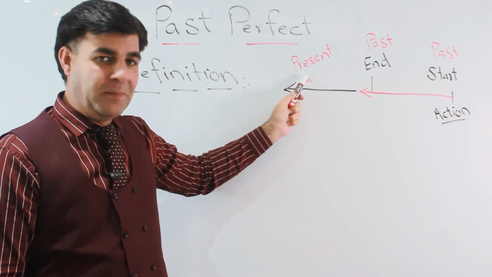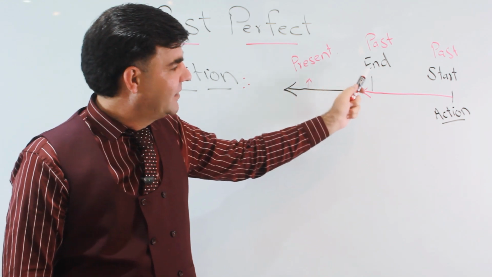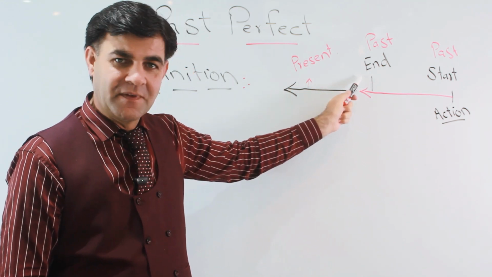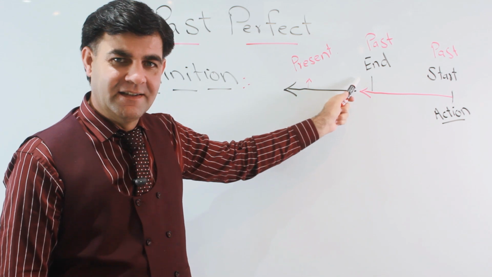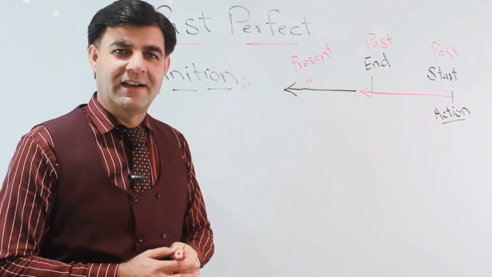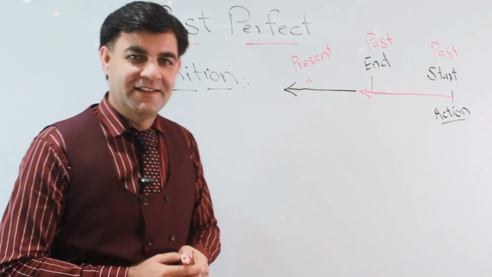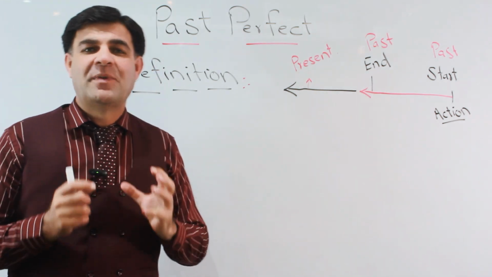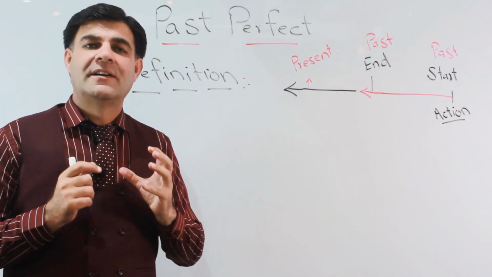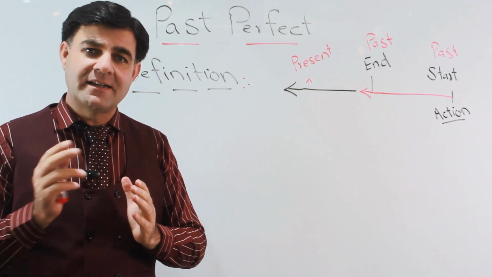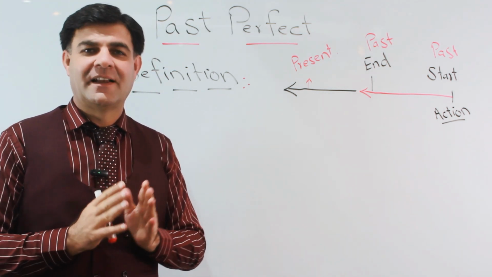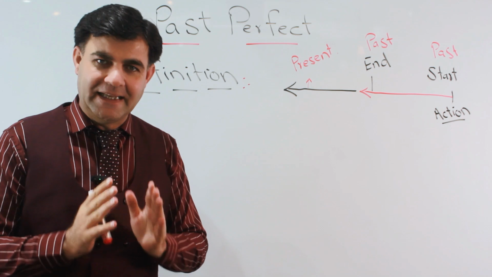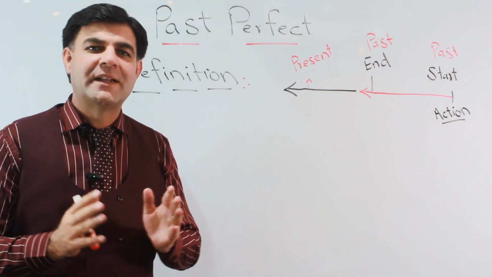We are here in the present and we talk about the completion of an action in the past. I hope it's clear. Past perfect tense stands for a past action, started in the past and ended in the past. It's very simple and easy. It will be clear with an example.